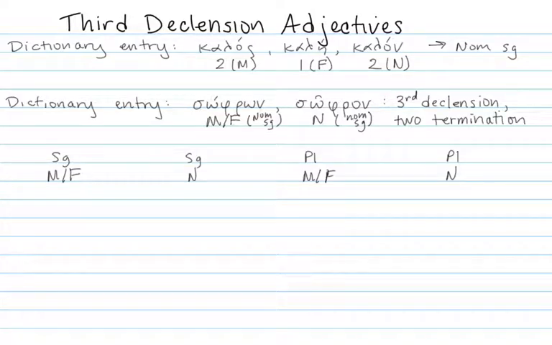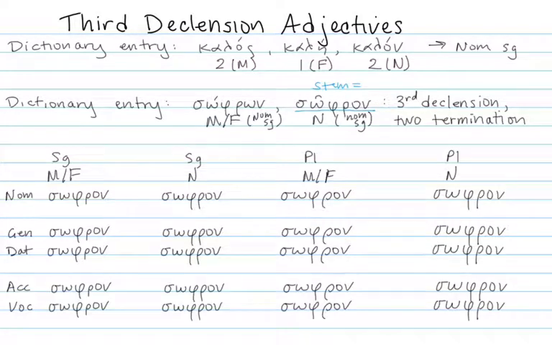So let's look at all the forms. Again, we're going to find our true stem, in this case, by going to the neuter. So ignore the masculine and feminine. So sophron with the short omicron is your true stem. Let's start with the masculine and feminine and add some endings, and then apply rules.